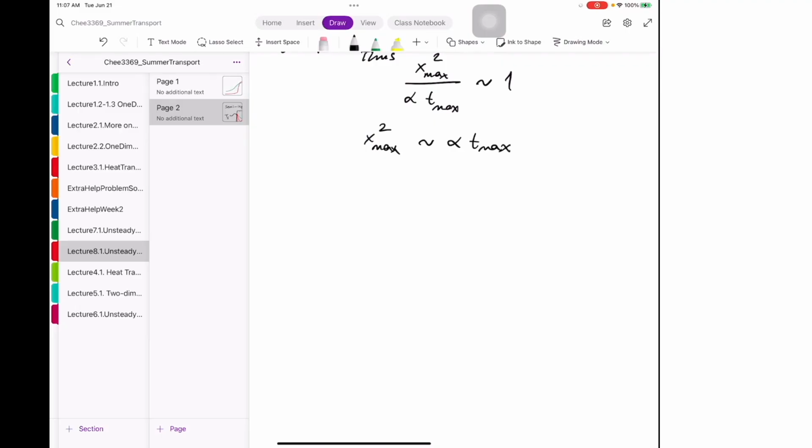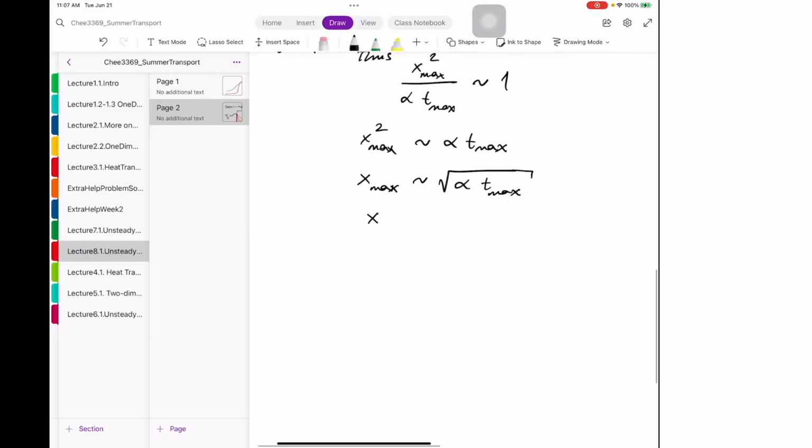Or in other words, x max is in the same order of magnitude as the square root of alpha t max. Or you can think of it as x reference.